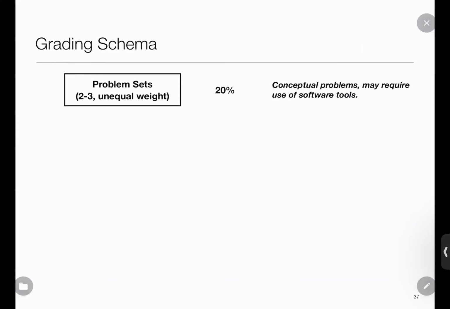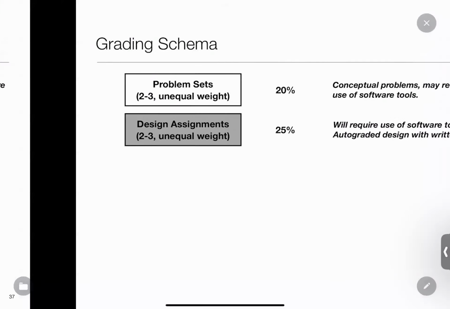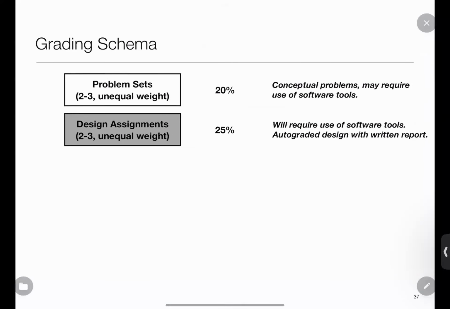Grading schema. This is probably the one which you are most interested in. Problem sets are basically conceptual, 2 to 3, usually 2, and sometimes may require use of software tools in the process of doing it. Not writing software, but making use of software tools.